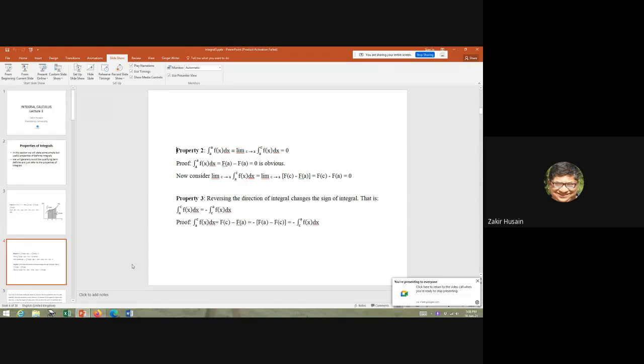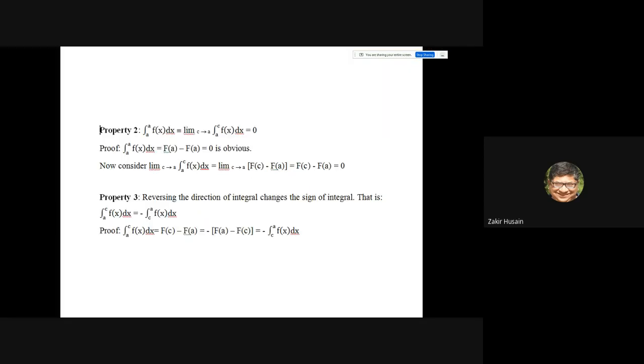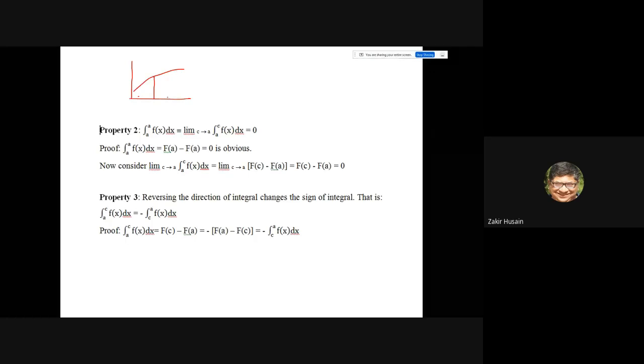Okay. So I'll run over this proof again. In this case, if this is a function, we are just taking one point. In the previous case, it was this interval.